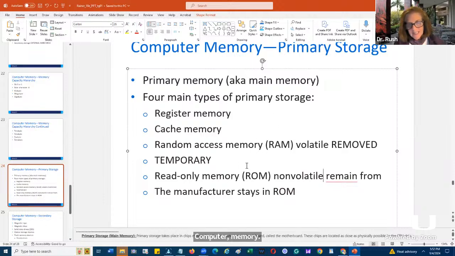And it's almost like instructions from the manufacturer. They install it, and when they install it at the manufacturing division, it gets stored in my read-only memory. It remains. But most of my primary storage is in RAM.